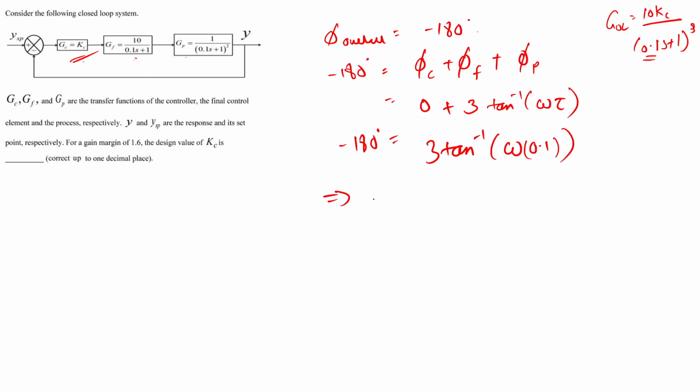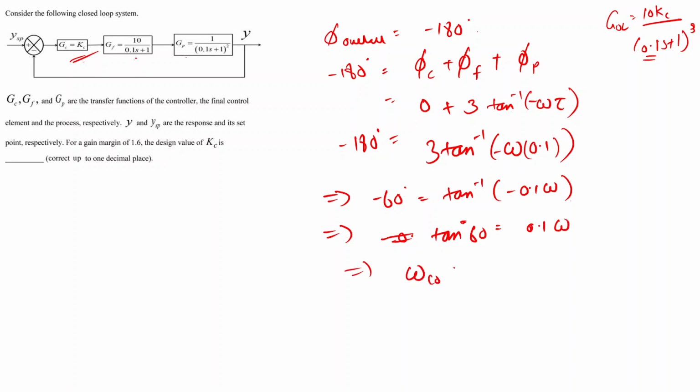So from here, we can write this as minus 60 degrees equal to tan inverse minus omega tau, so it becomes tan inverse minus 0.1 omega. That is, tan 60 is equal to 0.1 omega. So omega, that is the crossover frequency, in this case will be 10 root 3. So this is our crossover frequency.